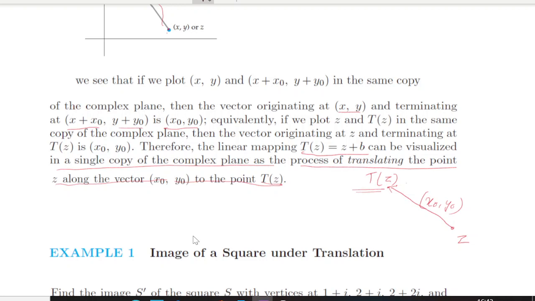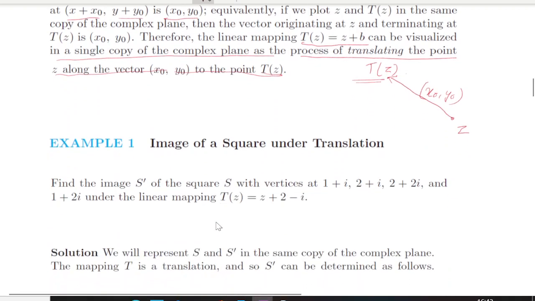Now let us examine the image of a square under translation. Here we are asked to find the image S dash of the square S with the vertices. When you draw these vertices, one point is 1 plus i, meaning 1, 1. Another point is 2, 1, so 2 here and 1 here.